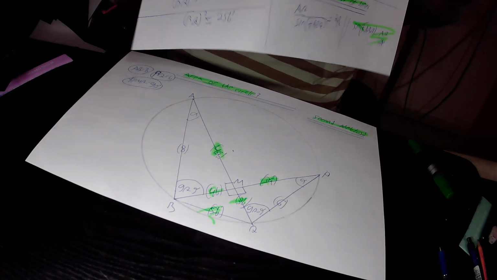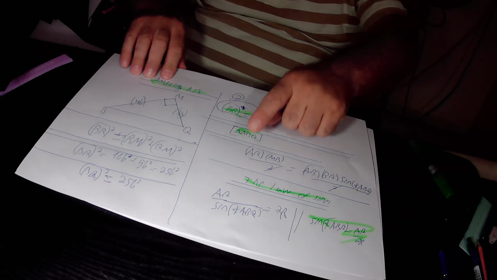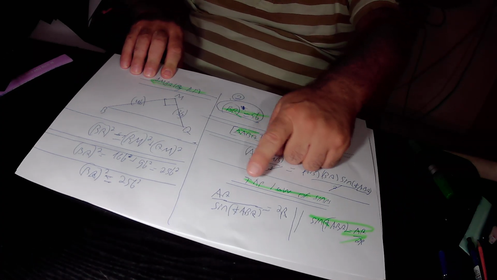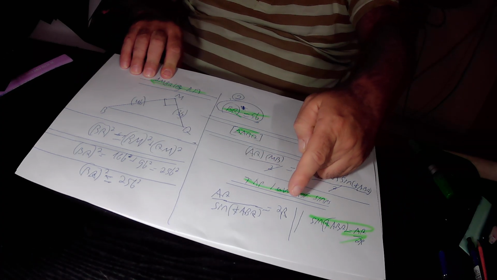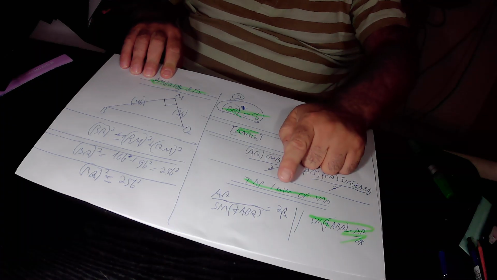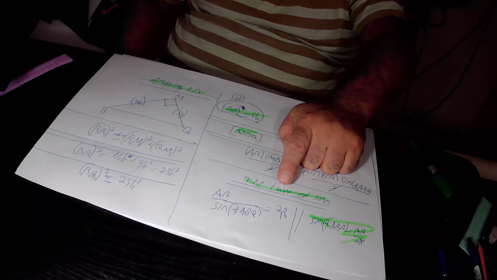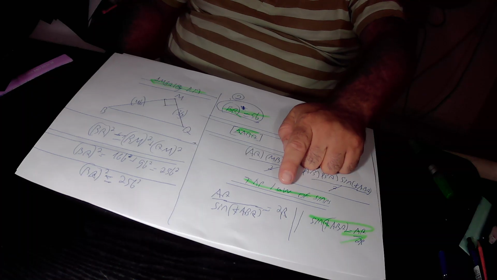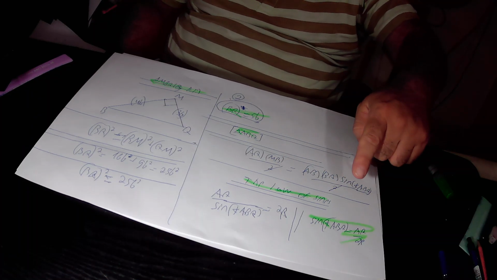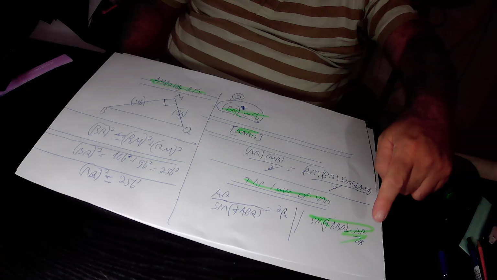Here we multiply this equation by sine angle ABQ, and then divide it by 2R, and finally find out that sine angle ABQ equals AQ over 2R.